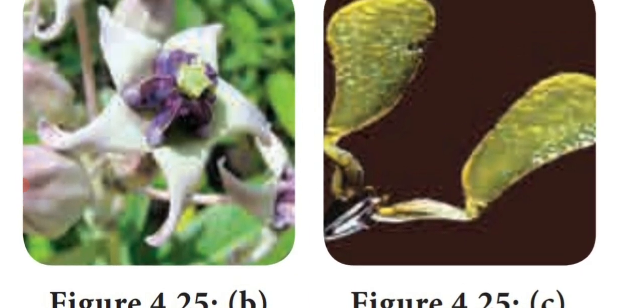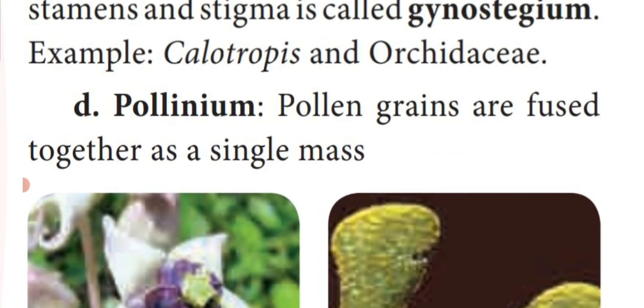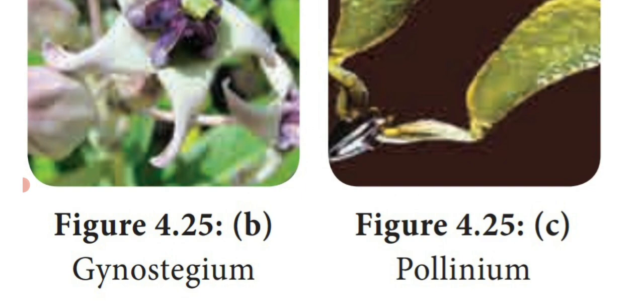That means a powdery, yellow colored substance present on the inner side of the anther lobe is known as pollen grains. These pollen grains fused together to form a single mass is known as pollinium. Example, see the picture here. So that is said to be pollinium.